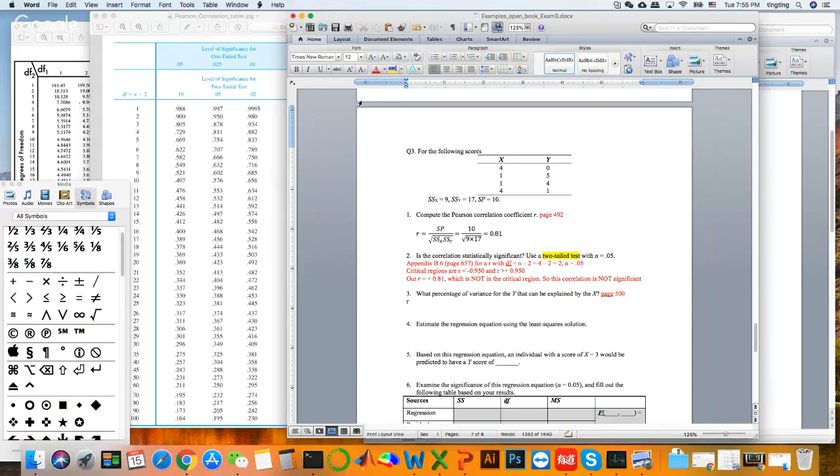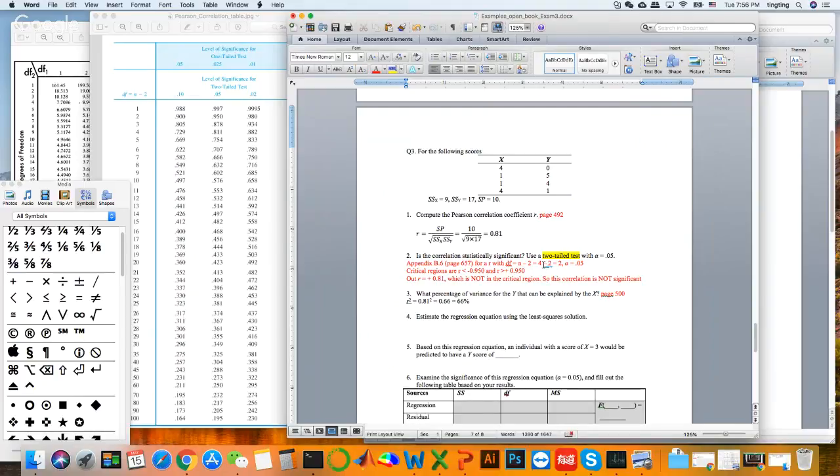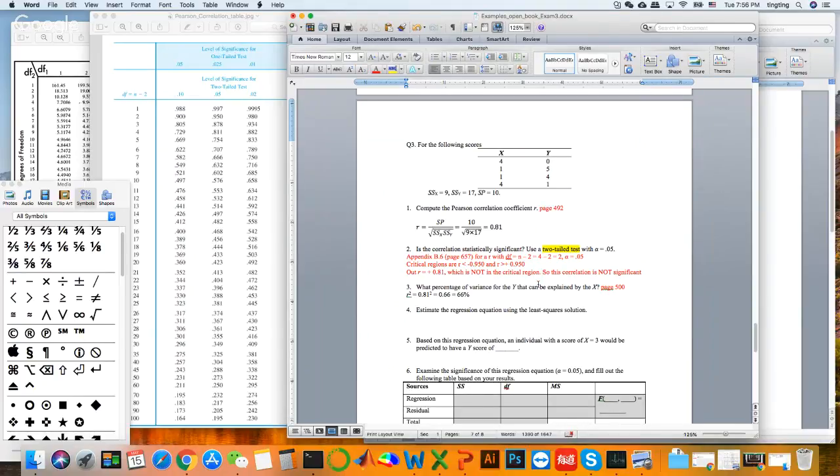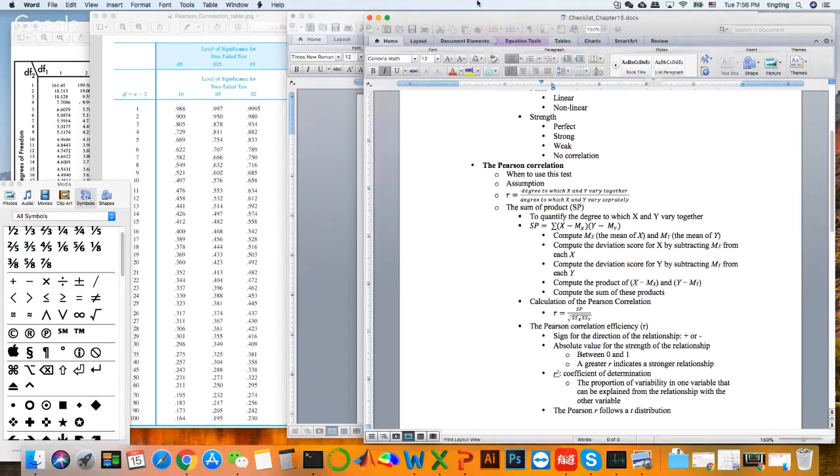Just compute r squared as the square of the r value, which equals 66%. Okay, we finished. The regression equation means we finished chapter 15.